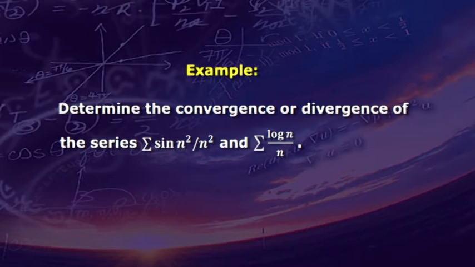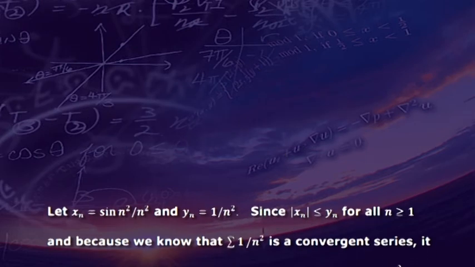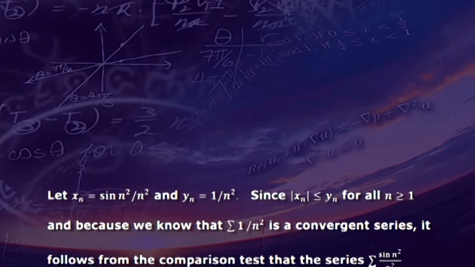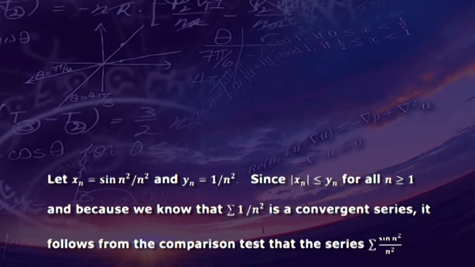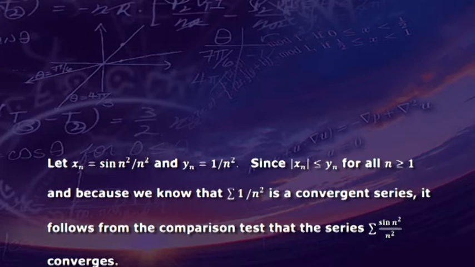Example: determine the convergence or divergence of the series sigma sin n square divided by n square and sigma log n divided by n. Solution: let x_n be equal to sin n square divided by n square and y_n be equal to 1 divided by n square.